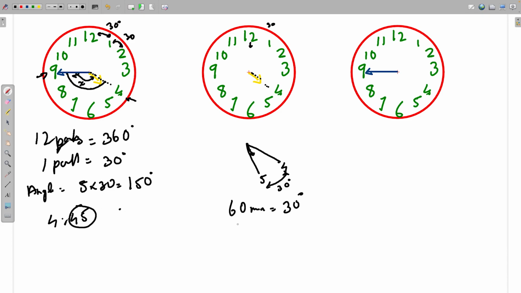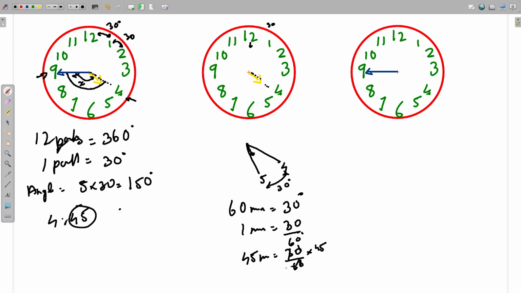So the way I can write it down is, for 60 minutes this one takes 30 degrees. So for 1 minute this goes 30 by 60 degrees, right? And for 45 minutes, it is nothing but 30 divided by 60 into 45.